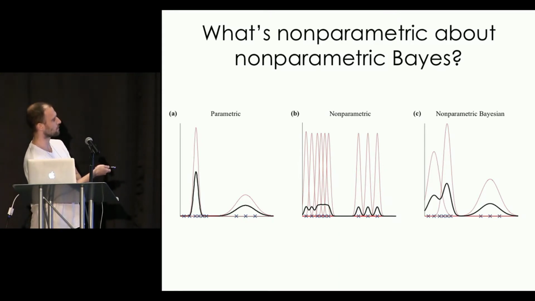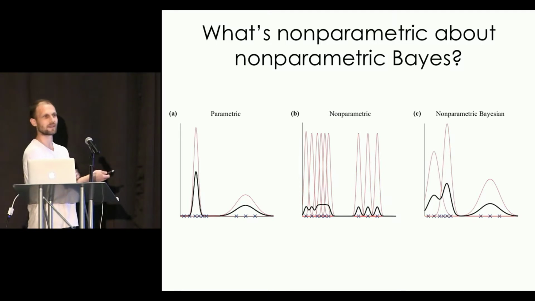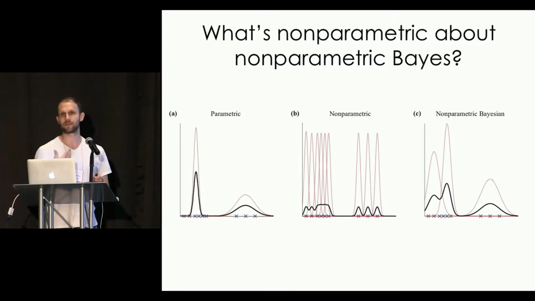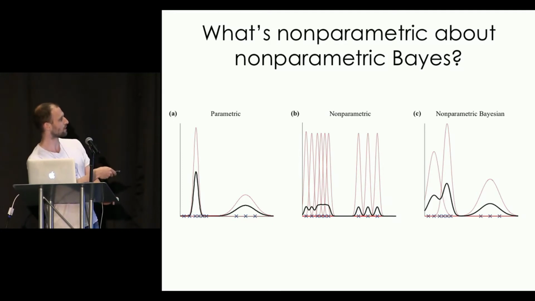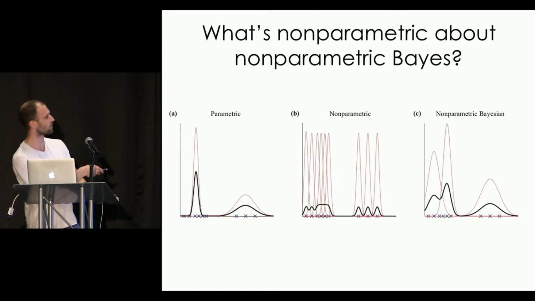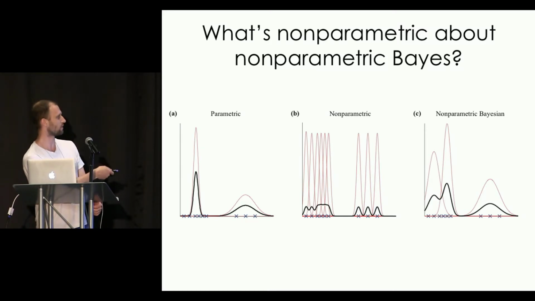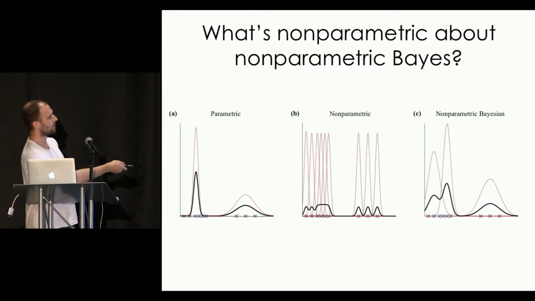Now a parametric model, a parametric density model would try to fit a distribution over these data that comes from some finite dimensional functional family. So for example, here I'm fitting a mixture of Gaussians, so the parameters of this model correspond to the means and variances of these two Gaussians and some weighting parameter that tells me how often one of those Gaussians is sampled, right?